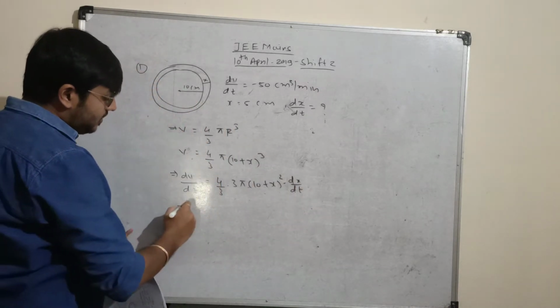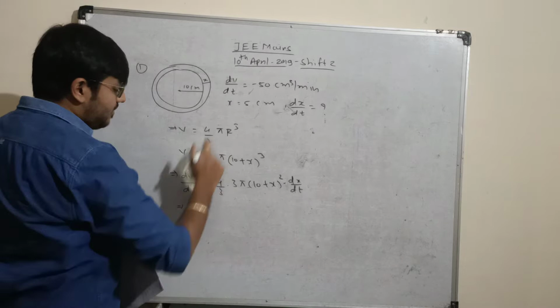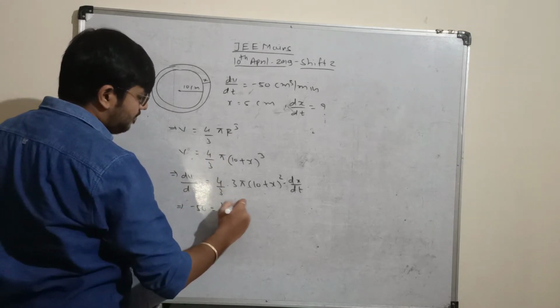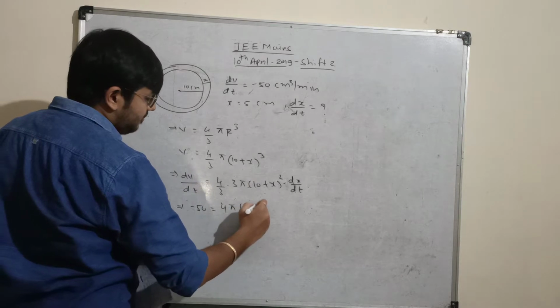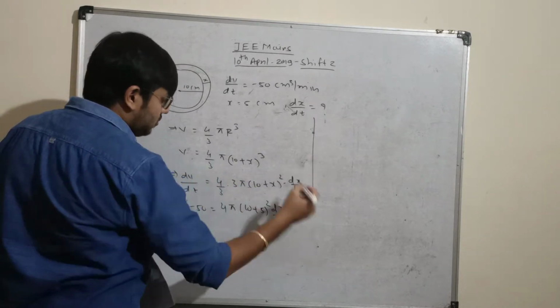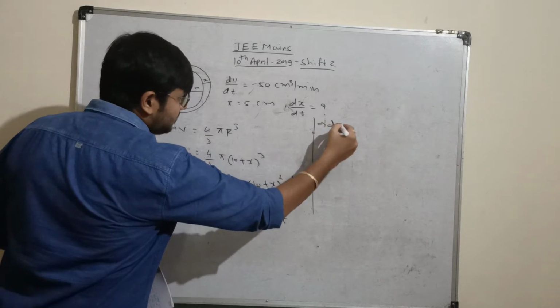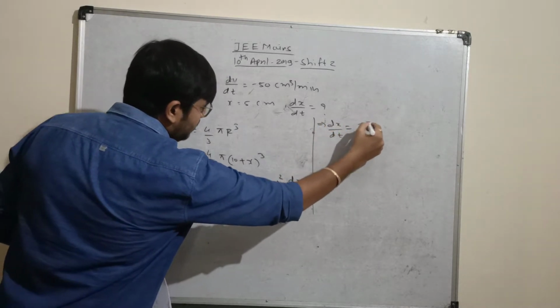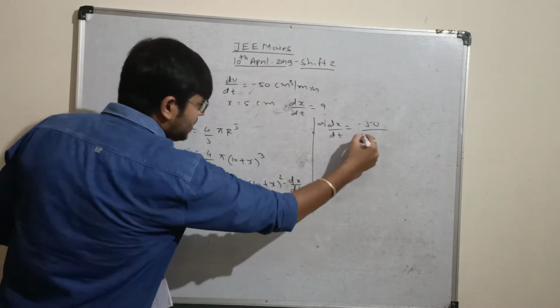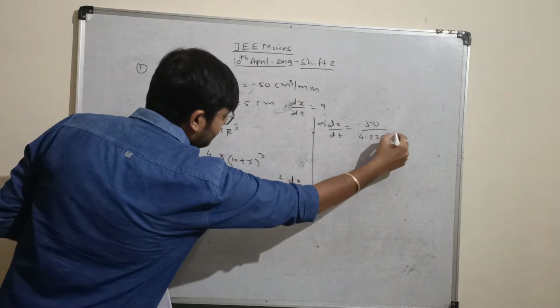Now let's put all those values we have. So dV by dt we have as minus 50, it's 4 by 3, the 3 cancels, pi into 10 plus 5 whole square into dx by dt. So then the answer will be dx by dt equals minus 50 upon 15 square, that is 4 into 225 into pi.